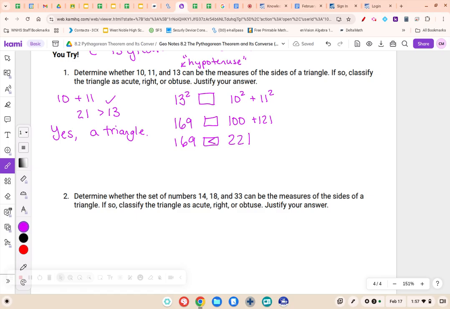And this is actually less than. So because our c squared, in quotes, is less than a squared plus b squared, this must be an acute triangle.